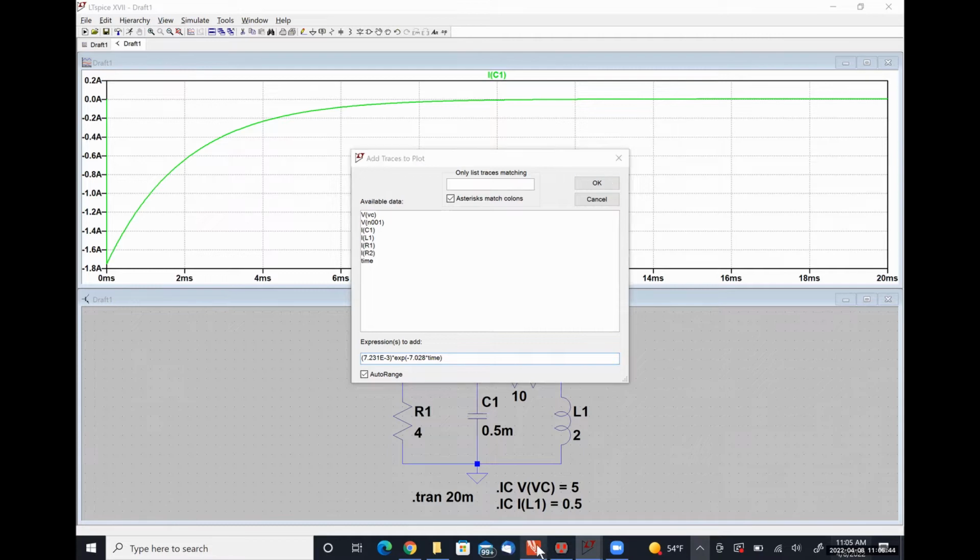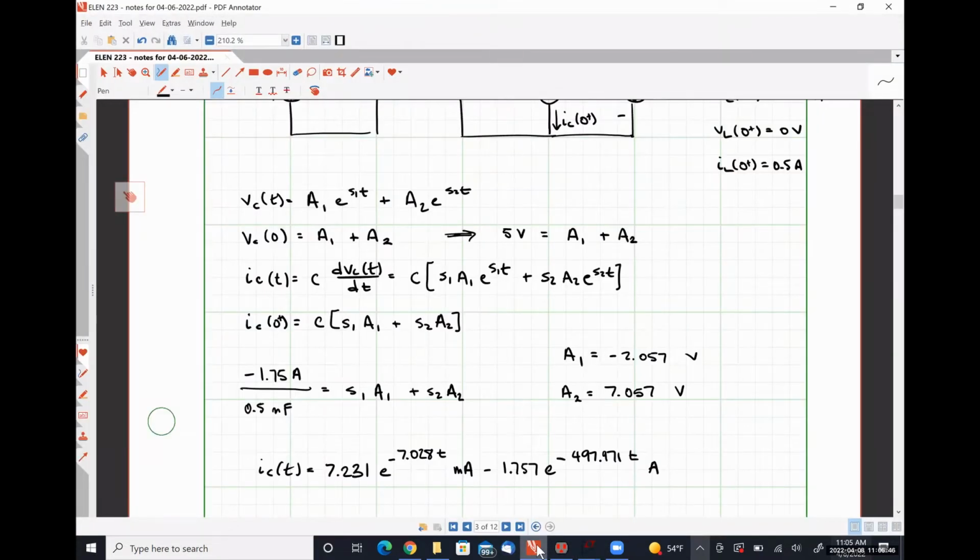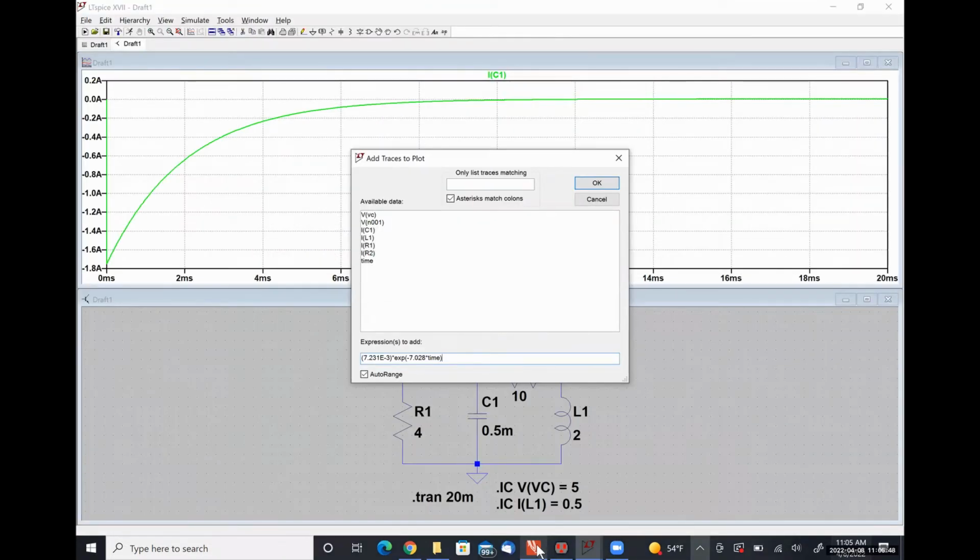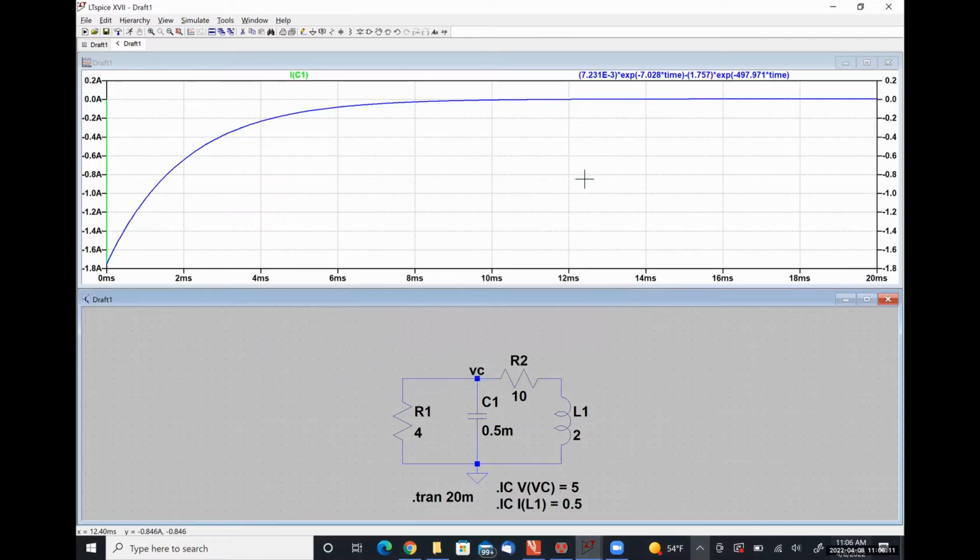And then -1.757. -497 point something. 971. And it matches.